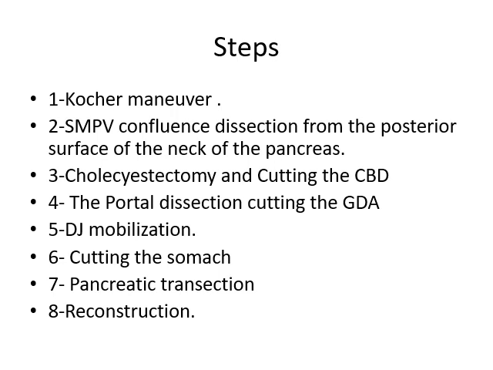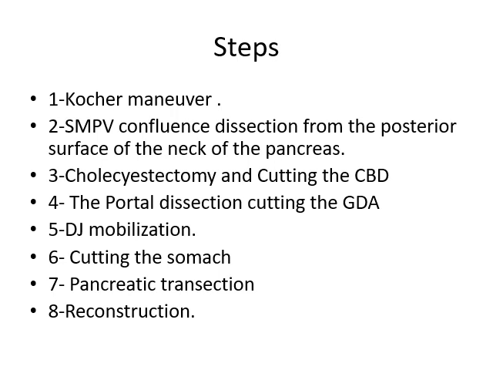The first step is the Kocher maneuver, where you mobilize the duodenum until you see the left renal vein or the aorta. Then you open the lesser sac and identify the superior mesenteric portal vein confluence by dissecting it from the posterior surface of the neck of the pancreas to be sure that there is no invasion.